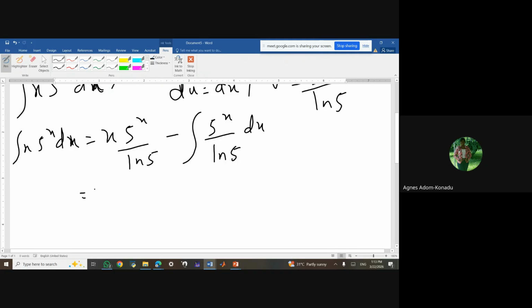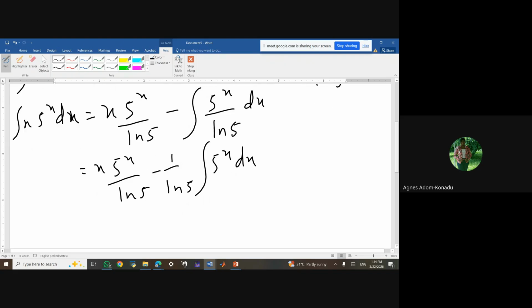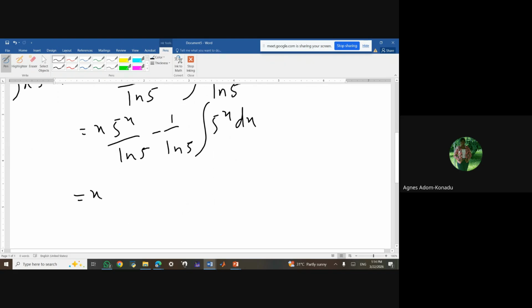This is the same as 1 over ln 5 times the integral of 5 to the power x dx. Now this is x 5 to the power x over ln 5 minus 1 over ln 5 times the integral of 5 to the power x dx, which is 5 to the power x over ln 5.